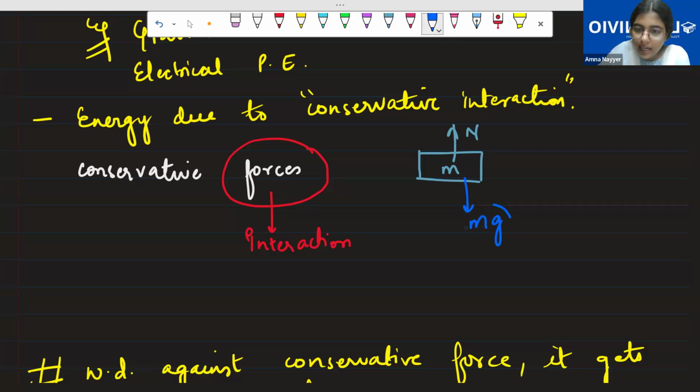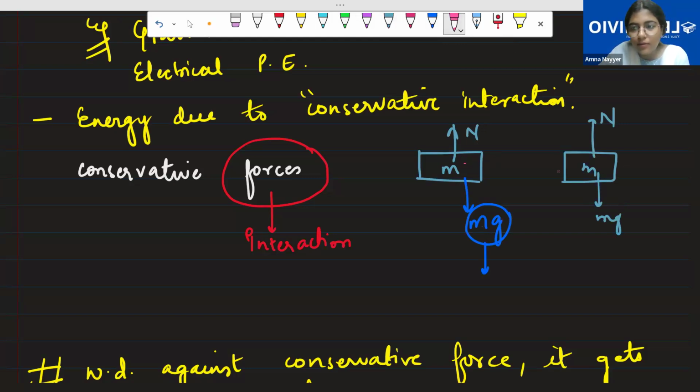This mg will provide the gravitational potential energy, only one. But if I bring another mass, it will also have its normal reaction and gravitational energy. If these two are able to exert forces on one another, there will be a potential energy between them also.